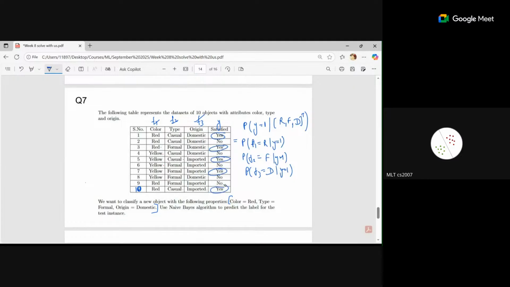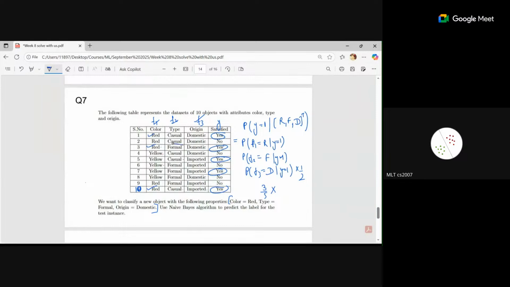So it is 0.5. And what is the probability that f1 is r? Out of all these, I need to see how many have r. There is this 1, there is this 2, and there is this 3. So 3 by 5. How many f2 have f?